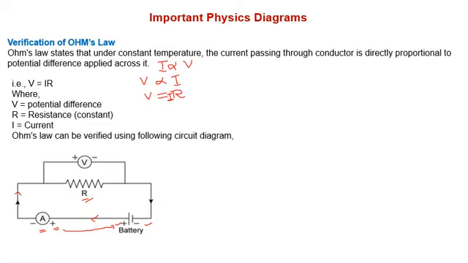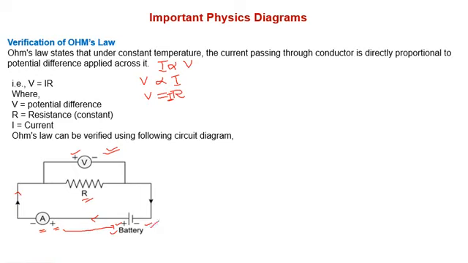Okay, so these are small things, but you have to keep them in mind. Then there is a resistance denoted by capital R. Always denote resistors by capital R. Then across this resistor I have connected one voltmeter. Again, how the voltmeter is connected: the positive terminal of the voltmeter and the positive terminal of the battery should be on the same side. The negative terminal of the voltmeter and the negative terminal of the battery should be on the same side, right?